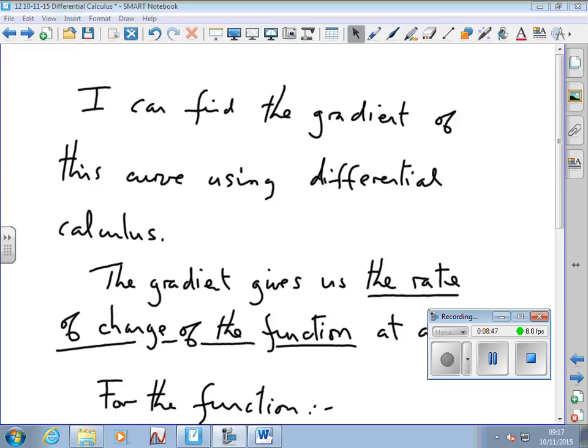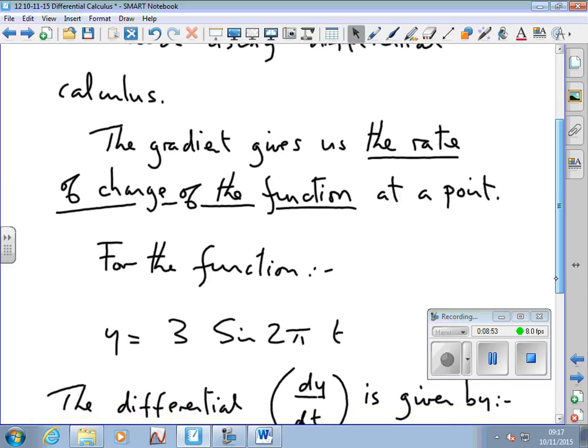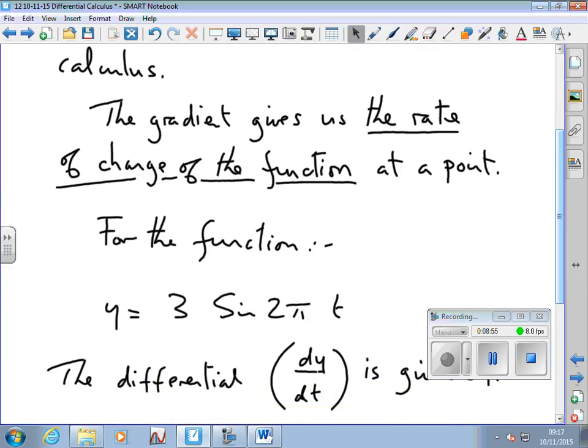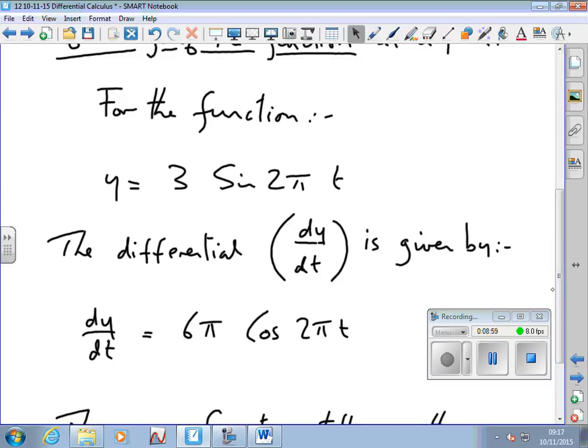So I can find the gradient of this curve using something called differential calculus. The gradient gives us the rate of change of the function at a point. That's what the gradient means. For this function, y equals 3 sine 2 pi t, and this is where we start thinking in terms of notation. The differential, it's called this, so let me just explain it.